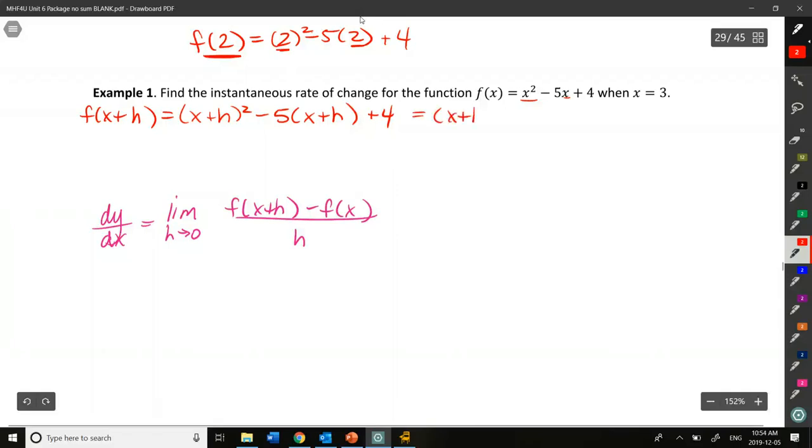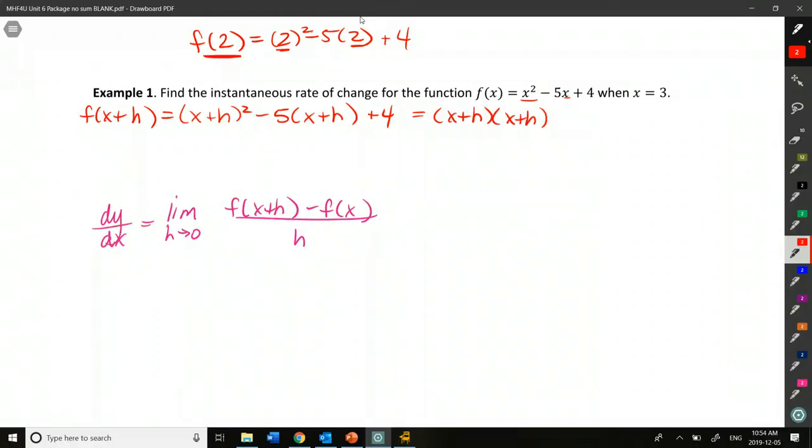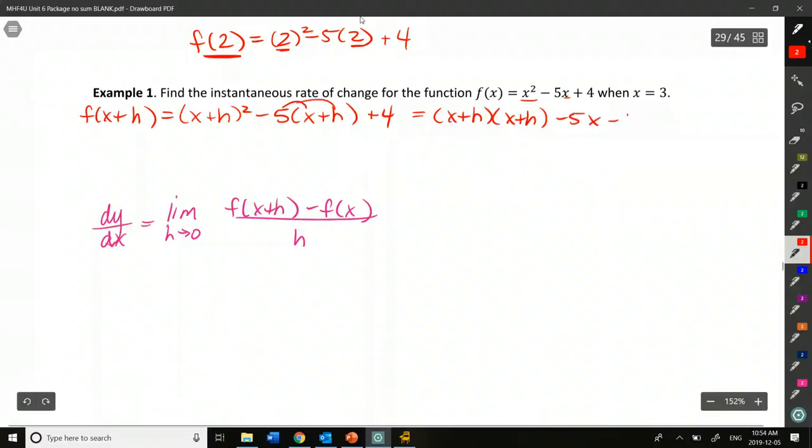So we're going to do x plus h times x plus h. Remember, x plus h squared is that expression foiled out, not x squared plus h squared. I'm going to bring the negative 5 in here, and we're just going to FOIL this expression out here.